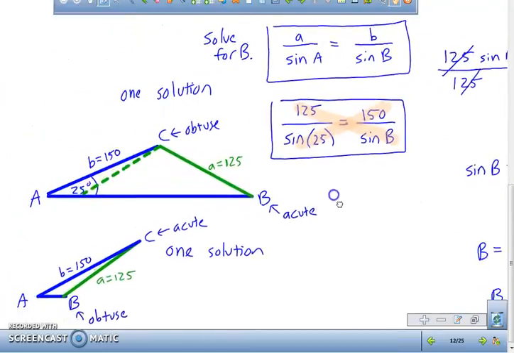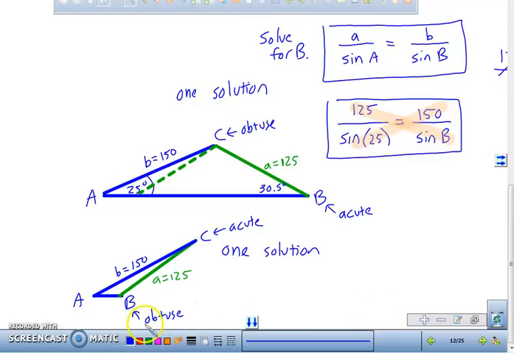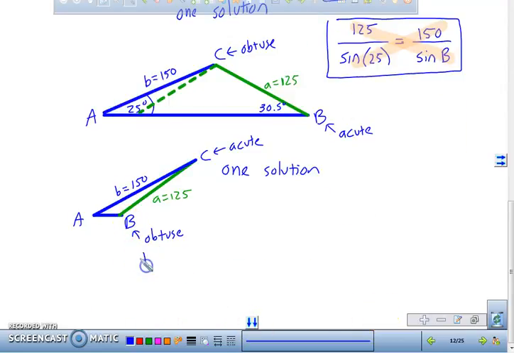Now let's look over here. This one's acute, this one's obtuse. I would say the 30.5 is definitely going to go in that slot right there. How do I find the obtuse? It's really easy. Whatever you get, do 180 minus that acute angle, and that gives you your other possibility for angle B, which is 149.5.